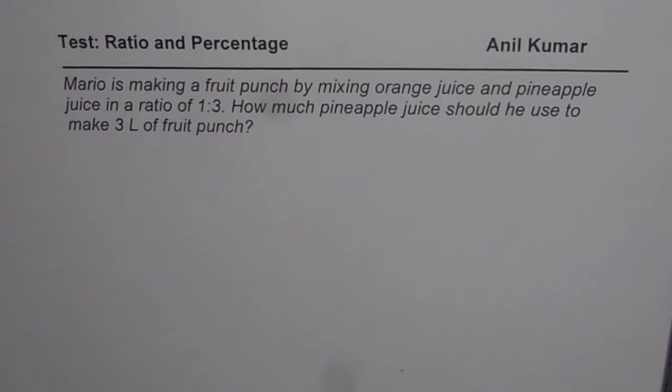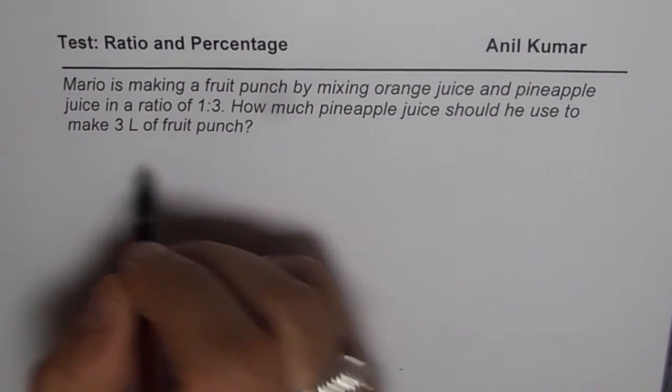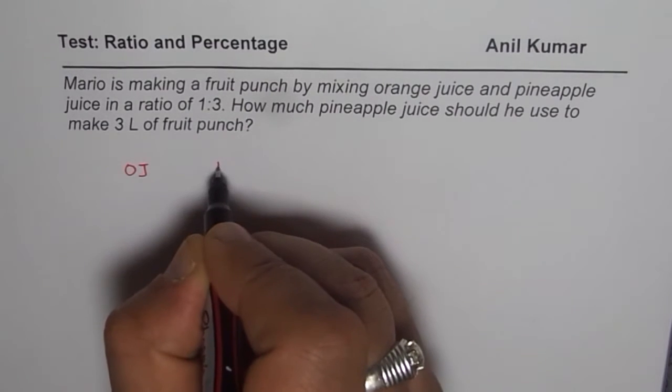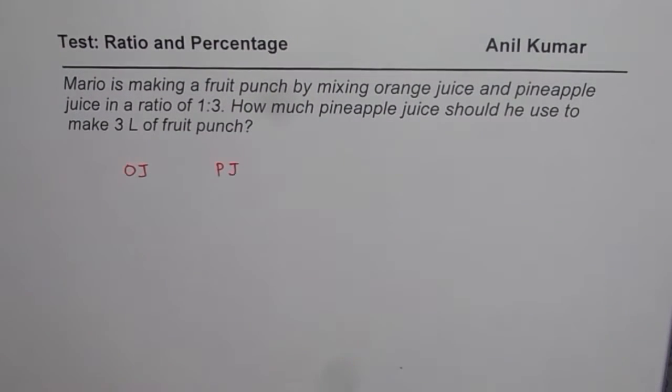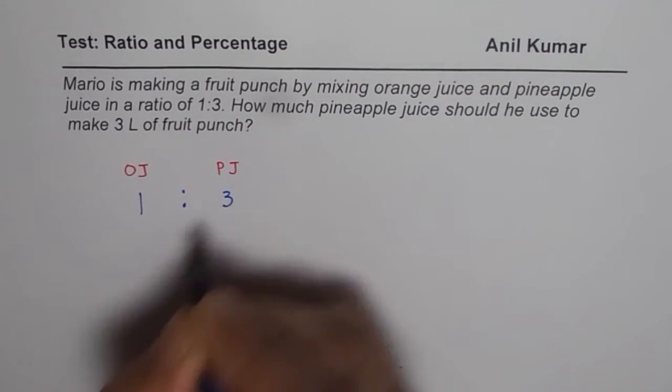Now, the standard method of doing this is like this. We are looking for the ratio of 2 juices, orange juice and pineapple juice. So we have orange juice and we have pineapple juice, correct? And their ratio is given to us as 1:3.